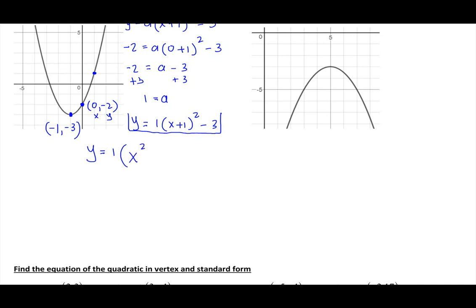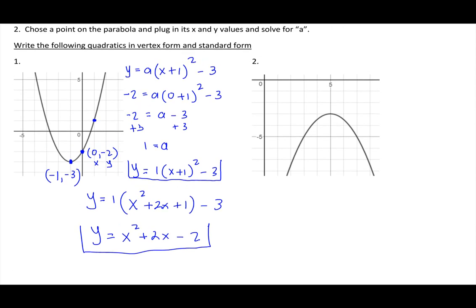So x squared plus 2x plus 1 minus 3. 1 times all of this gives us the same thing. So we have x squared plus 2x, and then 1 minus 3 will give us -2. This would be the equation in standard form. So the equation for this graph in vertex form, and also in standard form, we have it. Okay, let's take a look at the next problem.